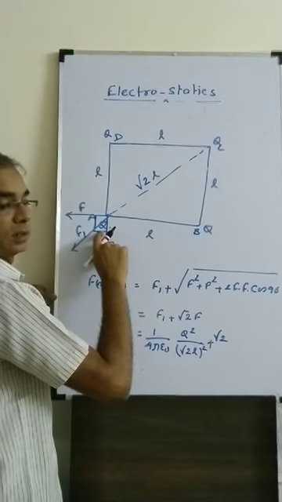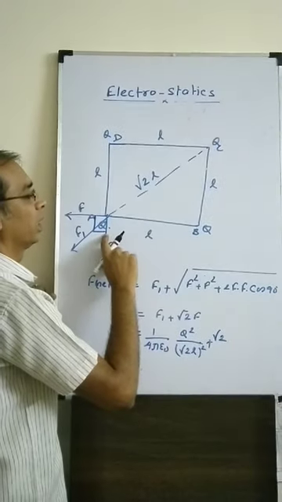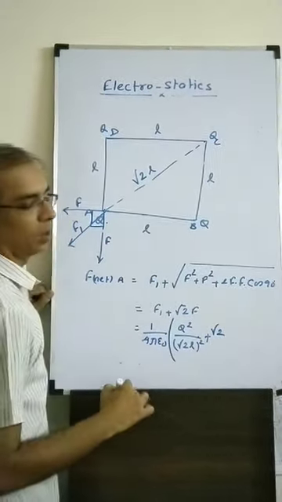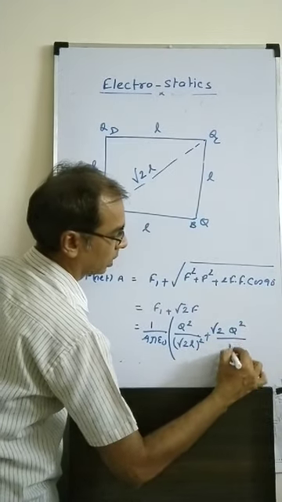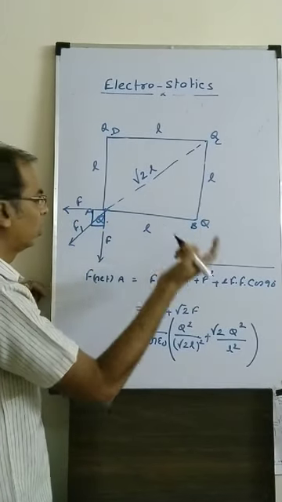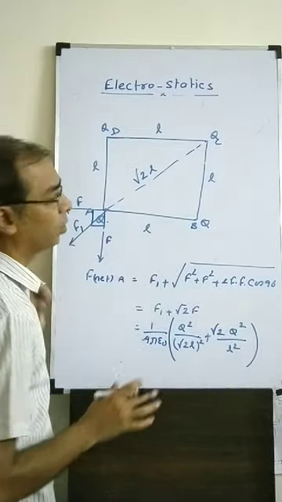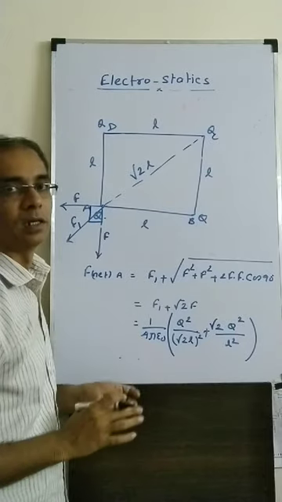Force between this and this, so again 1 by 4 pi epsilon naught Q square by L square. I am taking 1 by 4 pi epsilon naught common. This will be the net force on the charge at A, or B, or C, or D. On all the four, the force will be of this magnitude.